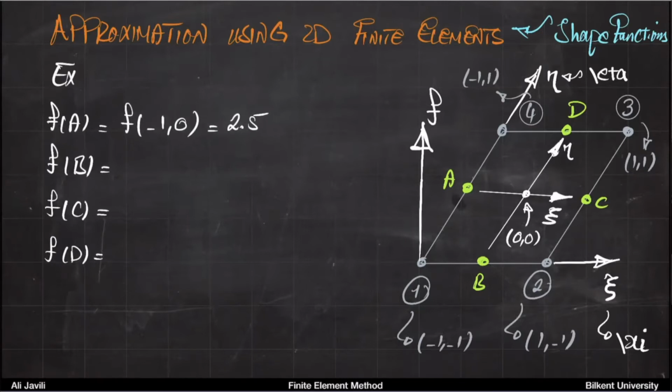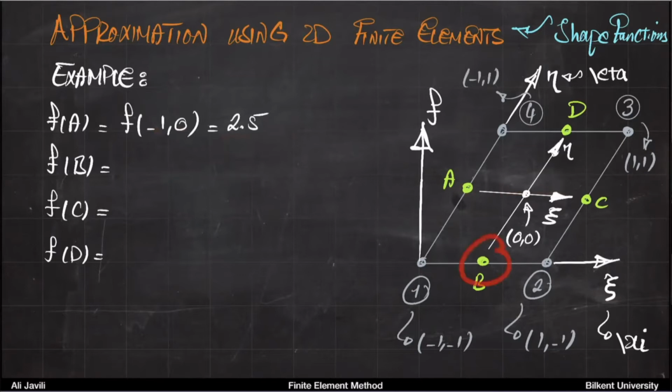There is nothing generic about this, but it's an example to teach you how the approximation works and why we need these approximations. So at point A, which is at the coordinates -1 and 0, in the xi direction it is -1, in the eta direction it is 0, and let's say the value is 2.5.